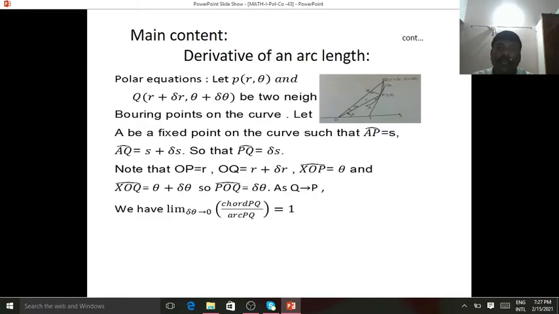The main content: derivative of an arc length, polar equation. Here let P(r, theta) and Q(r plus delta r, theta plus delta theta) be two neighboring points on the curve.